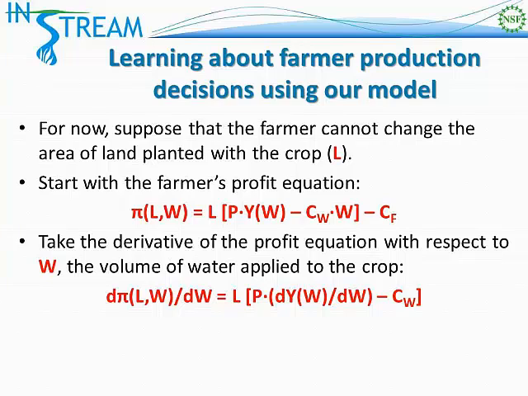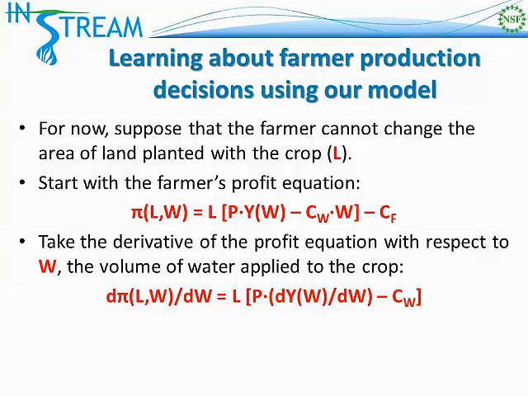The W also appears here on the cost side, but it is only a linear term. That is to say, it is to the first power. And so recall again from your calculus class that when you take the derivative of a linear expression with respect to the variable, then you just drop the variable and you keep the coefficient. In this case, the coefficient is C_W.